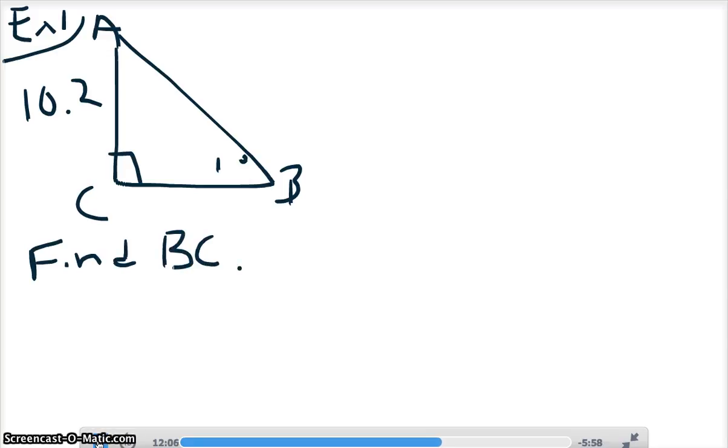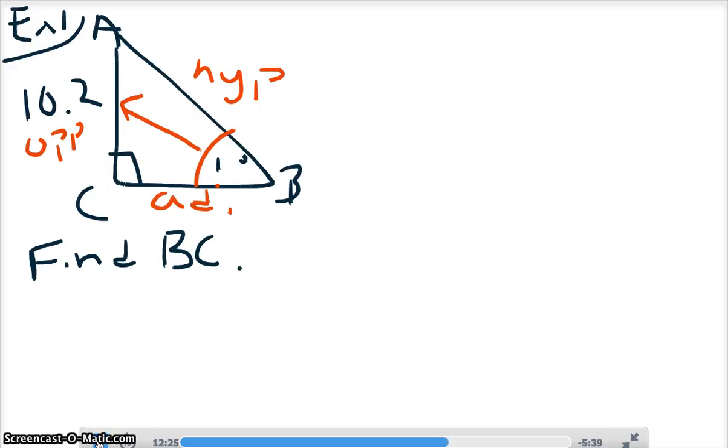First step, always start off from your given angle. What angle is given to you? 15. Label all your sides. The 15 is my angle. This is my opposite. This is my hypotenuse. This is my adjacent.